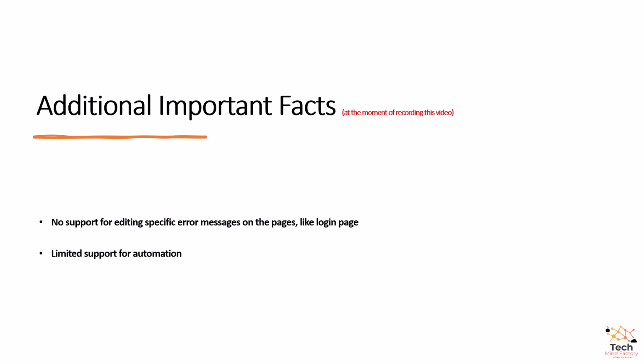Limited support for automation, that's what I mentioned a few minutes ago. So there is some part of automation that can be used. We have those PowerShell scripts. There is support for creating user flows or app registrations using Microsoft Graph API, but still I strongly believe that's only the beginning.